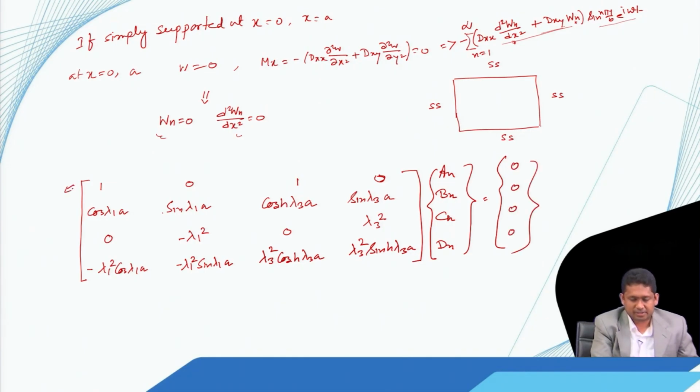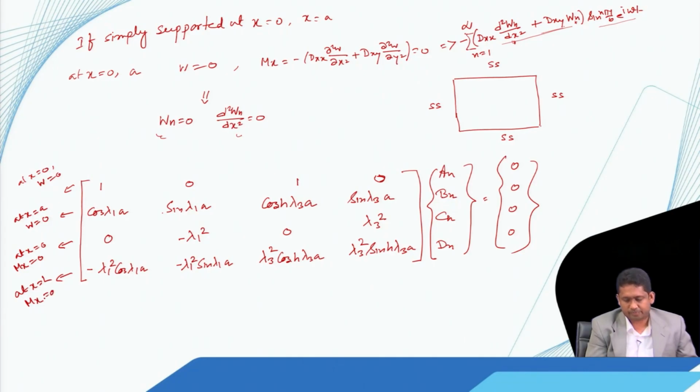Again this has come from at x equal to 0, w is 0. This term has come from at x equal to a, w is 0. This term has come from at x equal to 0, Mx is 0, and this has come from at x equal to a, Mx is 0.